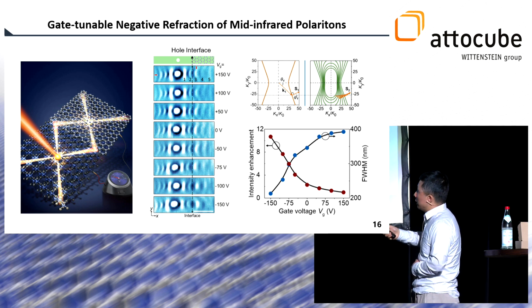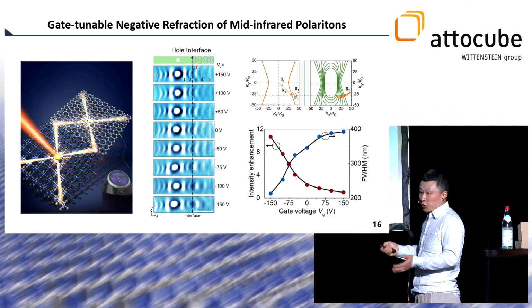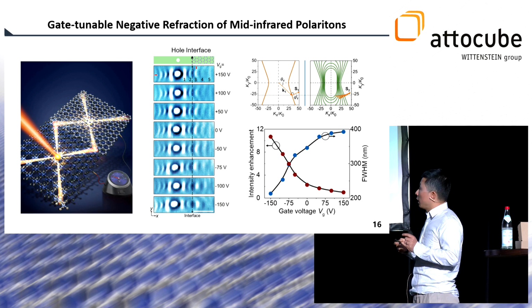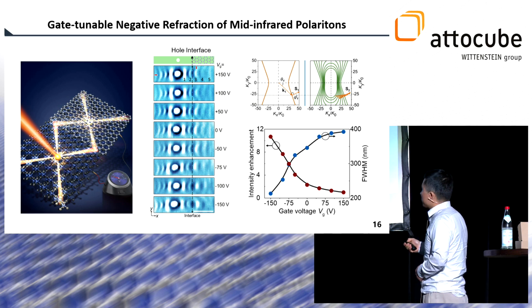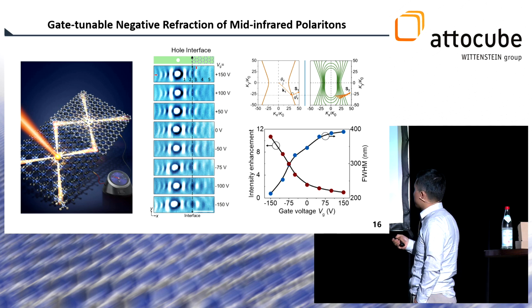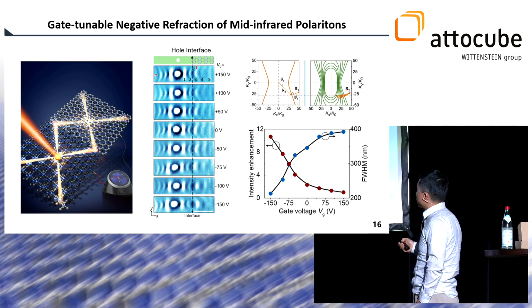This can be considered as a gate tunable normal refraction to a negative refraction, right? And when you consider the intensity at this focus spot, you can say it's enhanced by an order of magnitude, right?